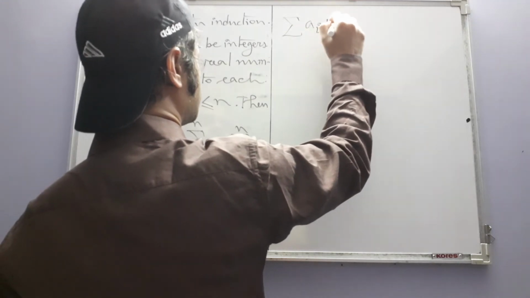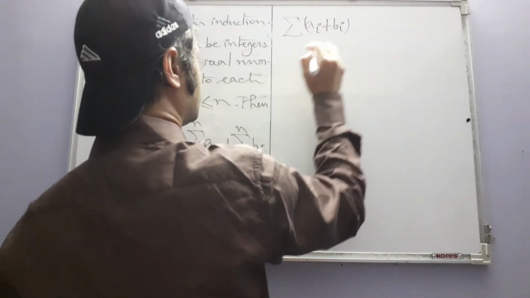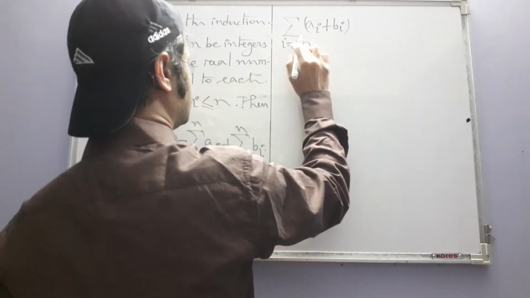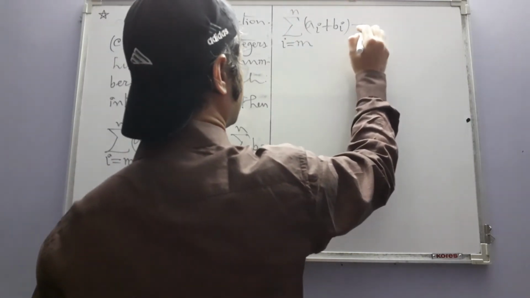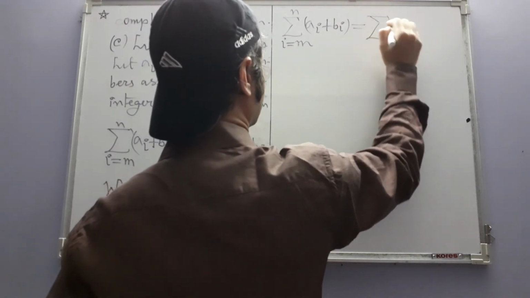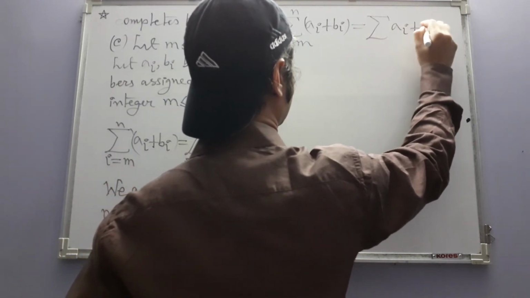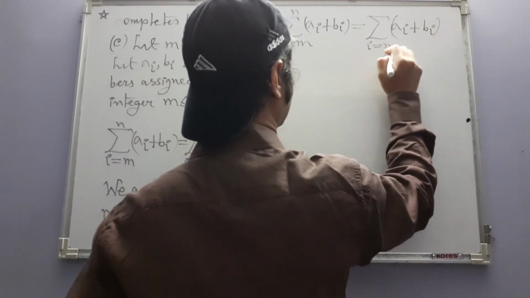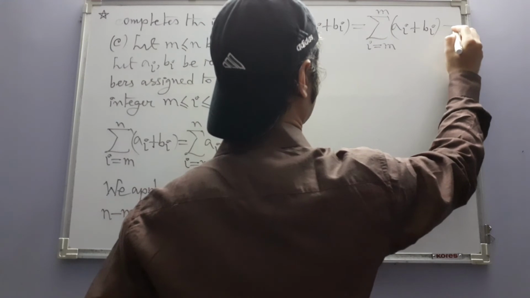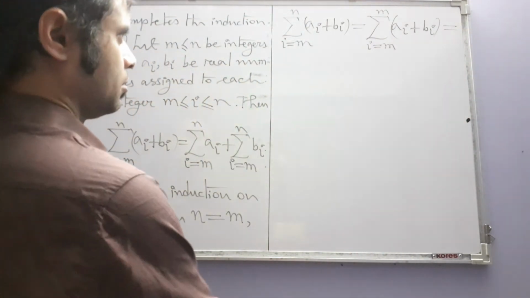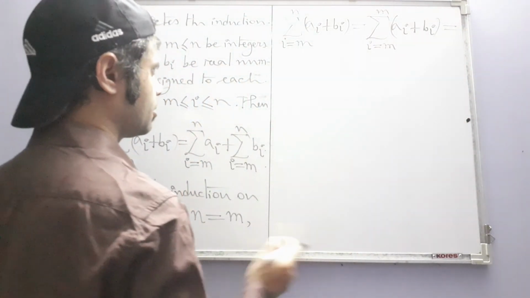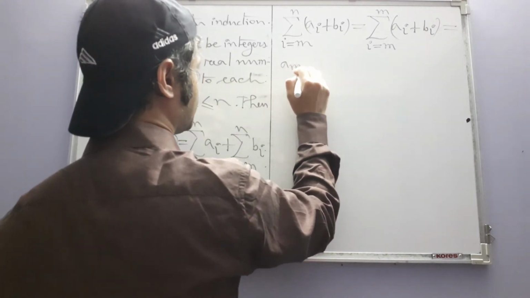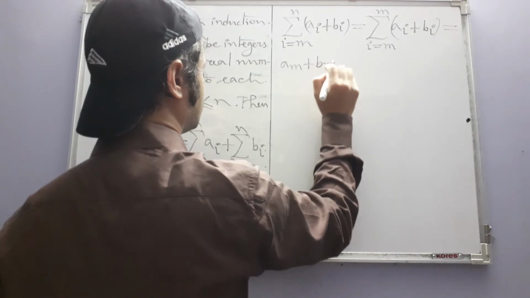When n is equal to m, summation ai plus bi, where i varies from m to n, is this, which by properties of finite series, which come directly from the definition, is am plus bm.